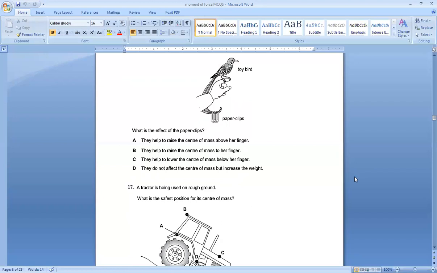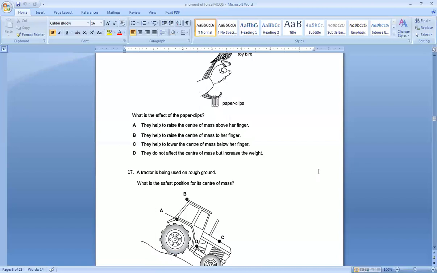So adding the paper clips lowers the center of mass.